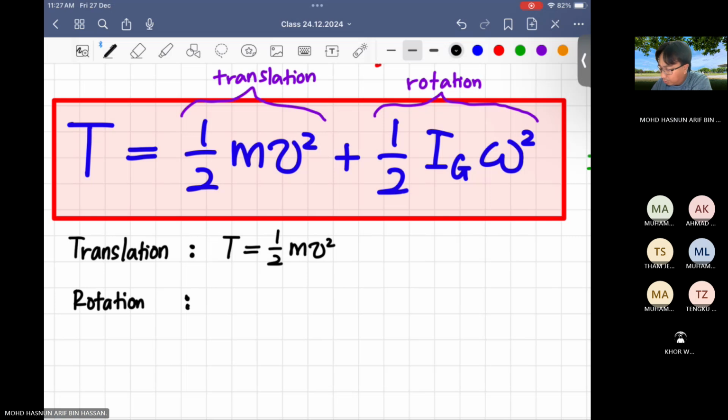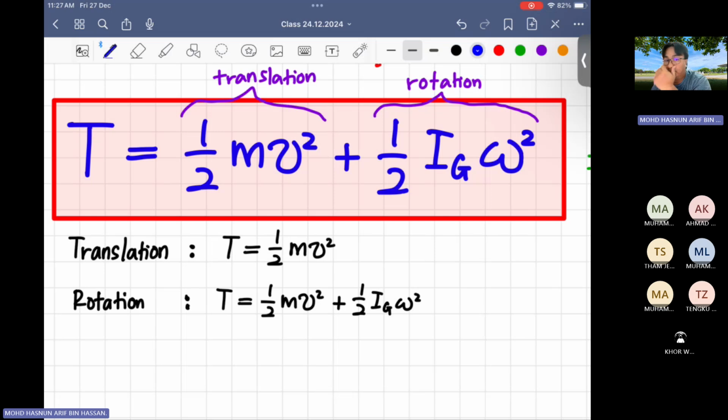So for rotation, T will be equal to both 1 over 2 mv square plus 1 over 2 Ig omega square. But there is another easier way when it comes to rotation.